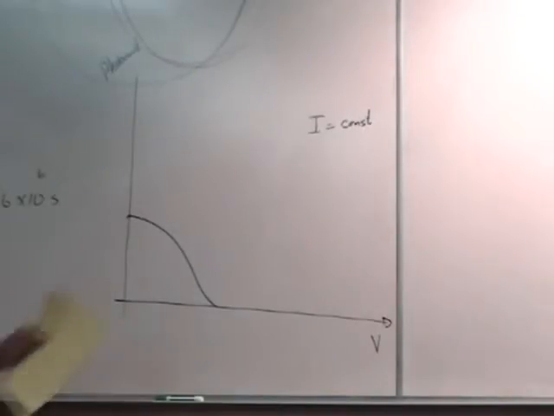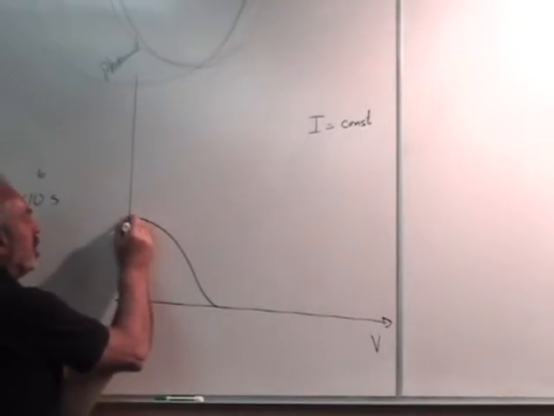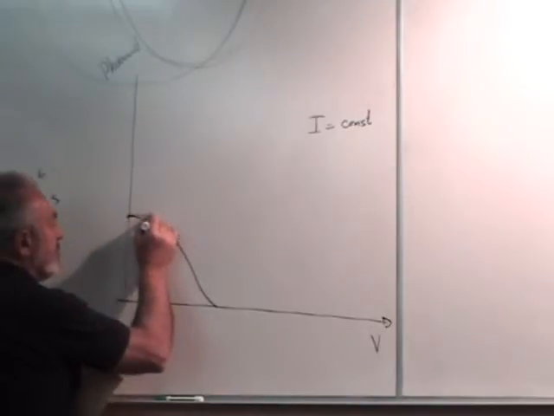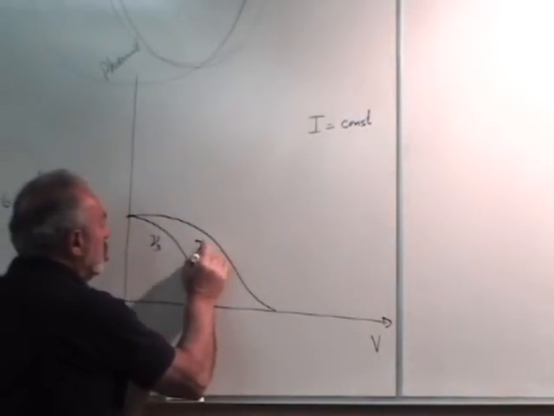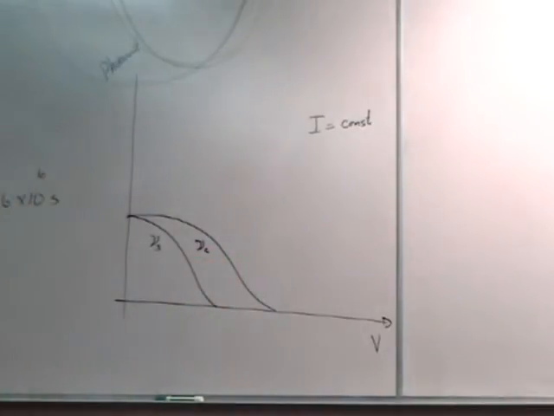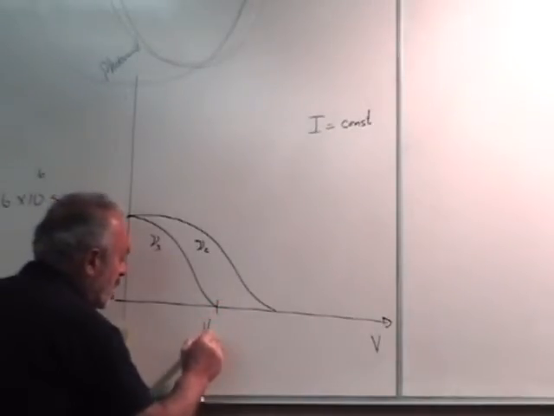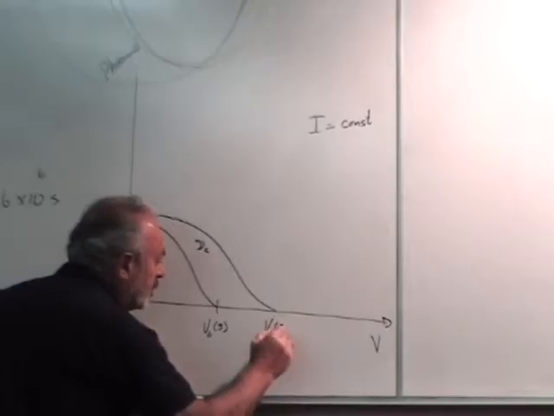At the same intensity, you start out with the same photocurrent, but when you increase the frequency, this is called nu3. This is nu2. When I increase the frequency of the light being used on this photoelectric effect, what I end up with is a higher stopping potential. This is V0 of 3. This is V0 of 2.